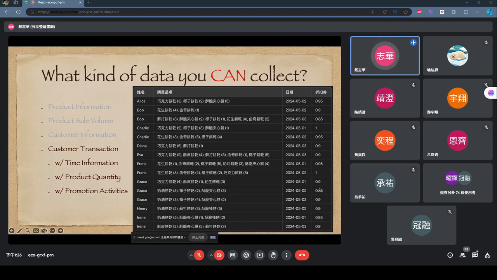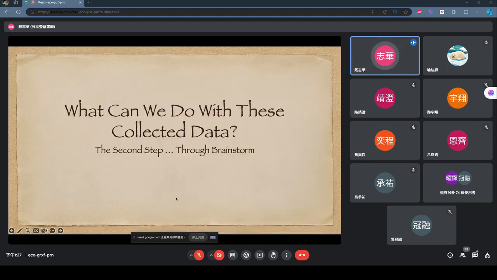Say the last column is the discount rate, for example. Okay, we could collect all those things.